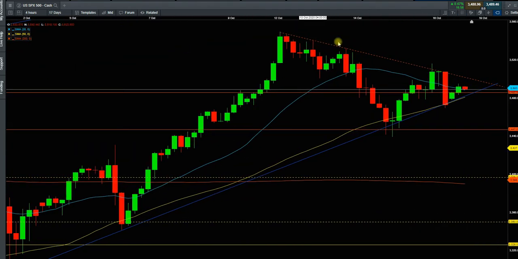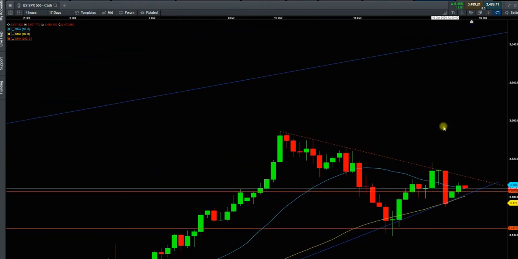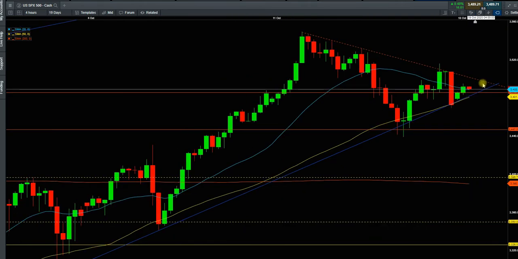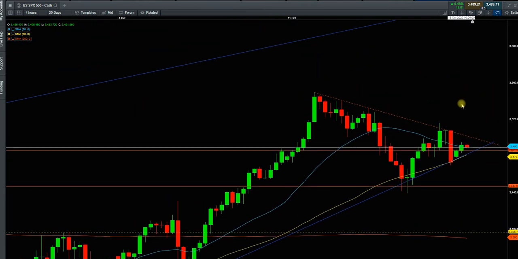If we break through above this diagonal resistance line, probably Monday or Tuesday, then it's going to be a very bullish sign, and we are going all the way up to here, 3600, which is going to be our last target for this bullish movement.